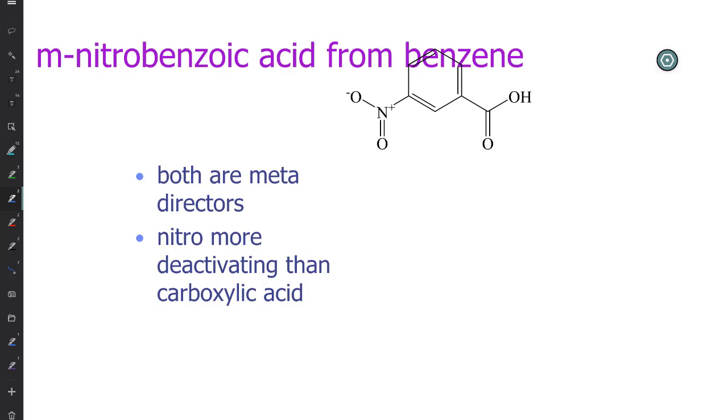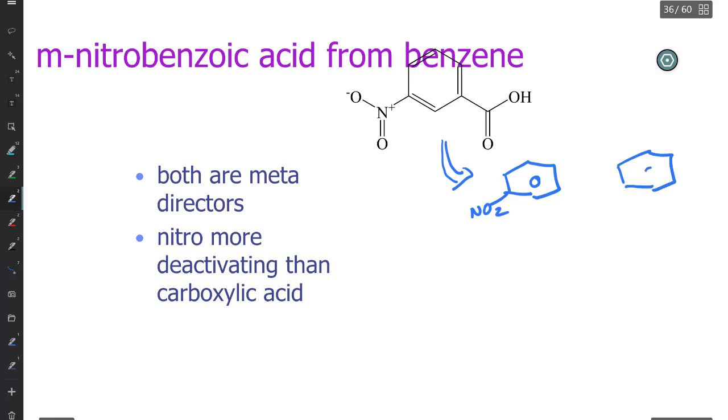So from this perspective, it's possible that in retrosynthetic analysis, the precursor could have been either of these. That is, I could have a nitro group, say NO2, or I could have had a carboxylic acid like this. So we could have had that first. Both are meta-directors, and both would give us the suitable product if you can add them.